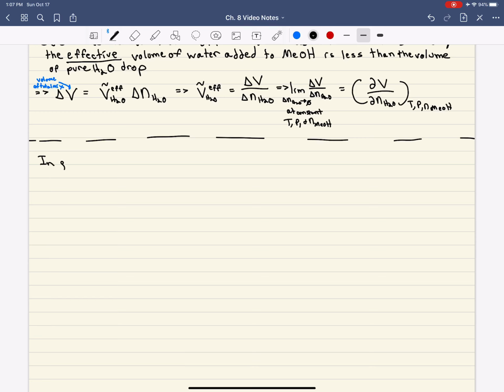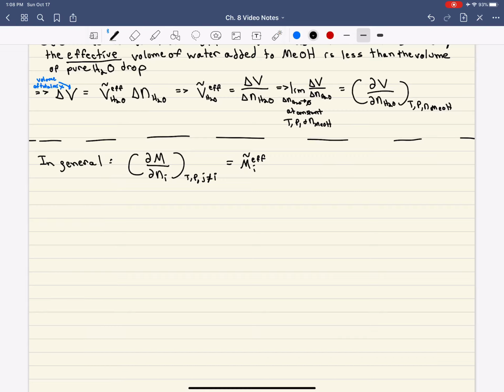And so in general, for any extensive property, if we take the partial derivative of the extensive property for the entire mixture with respect to the moles of one component at constant T, P, and n_j, where j is not equal to i, so n_j is basically all the other components that aren't the ith component, what we get is some sort of effective molar property for that component once it's in the mixture, right?